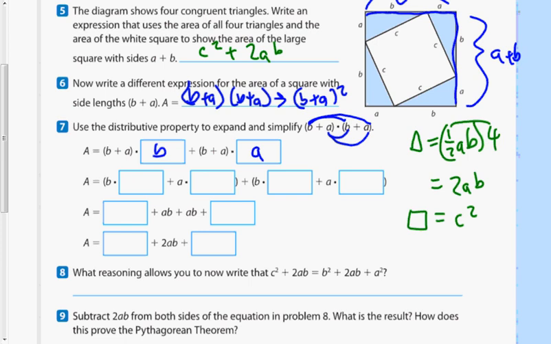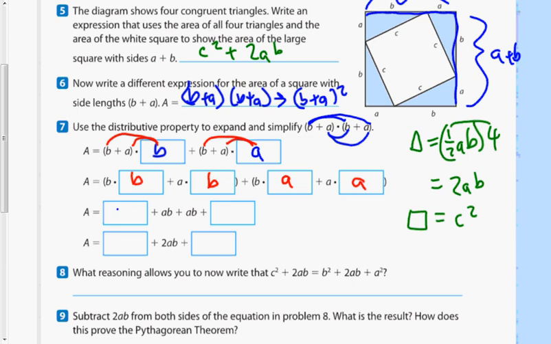Now let's simplify. That means we're going to distribute again. So we're going to take the B times both things. So B times B, and then A times B. And in here we're going to take the same thing, B times A, and A times A. Okay, follow along. I know it's getting a lot of math here, but let's actually write this out now.